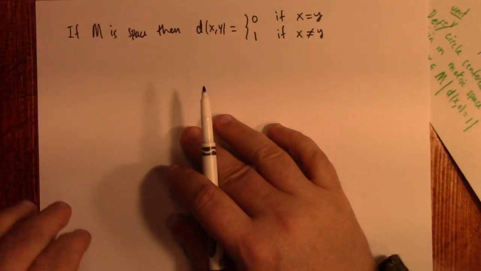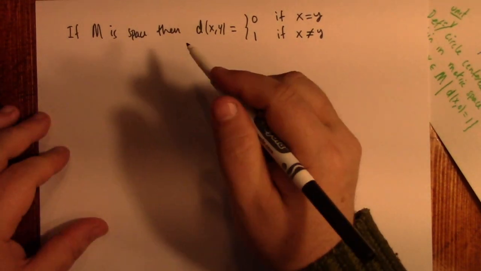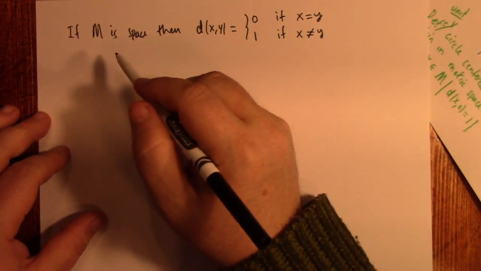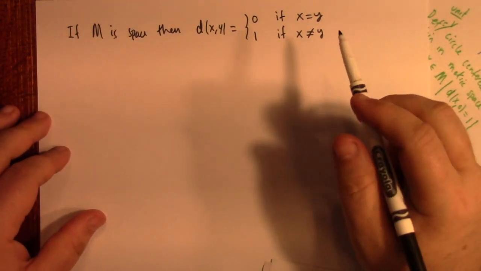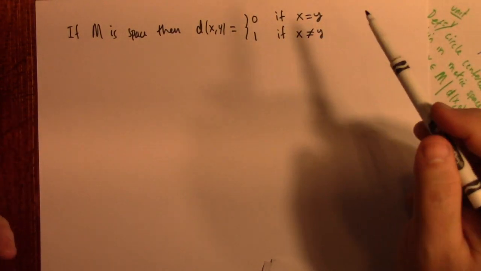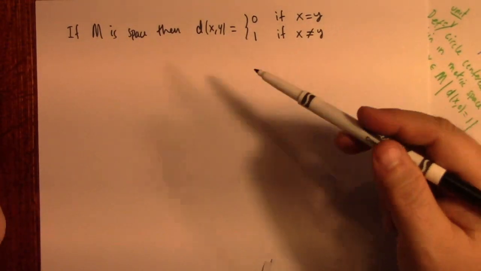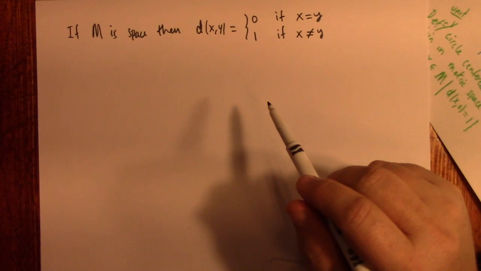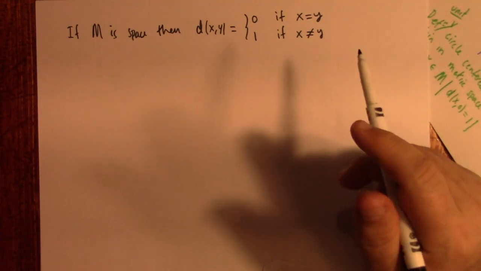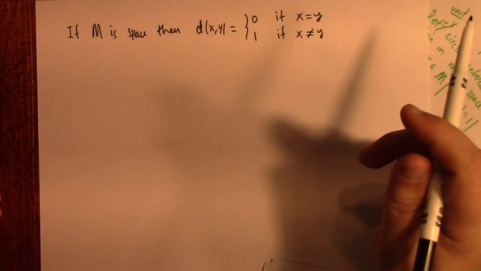I probably should save this for a homework problem or something, but you can define open balls with respect to this metric, and I think this ends up giving us the discrete topology if we work through it.